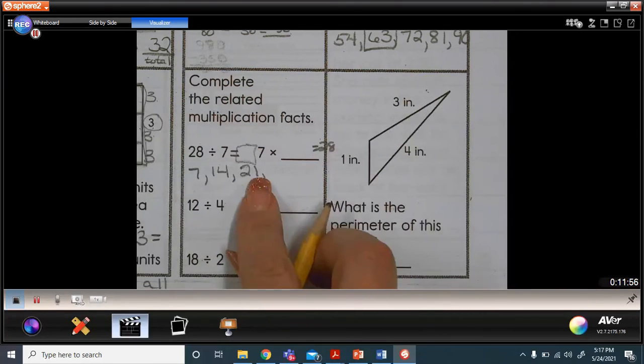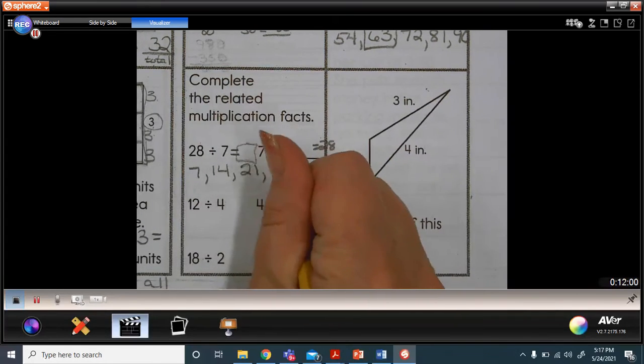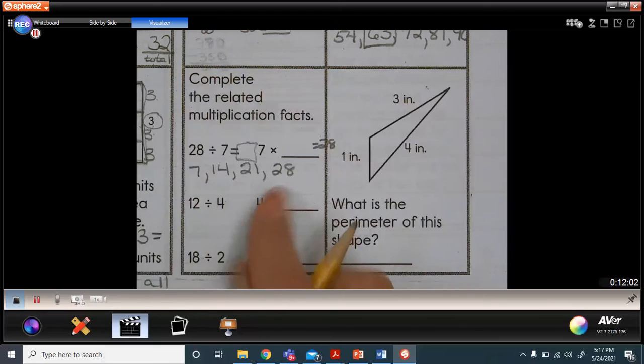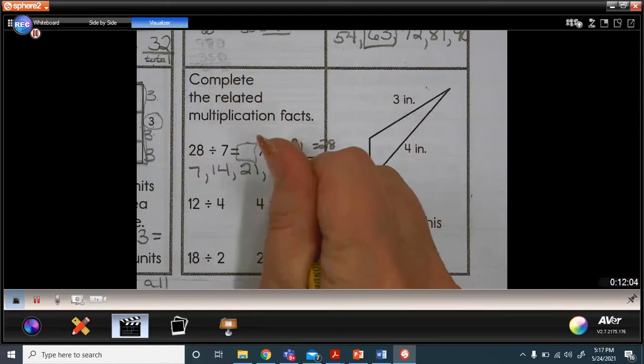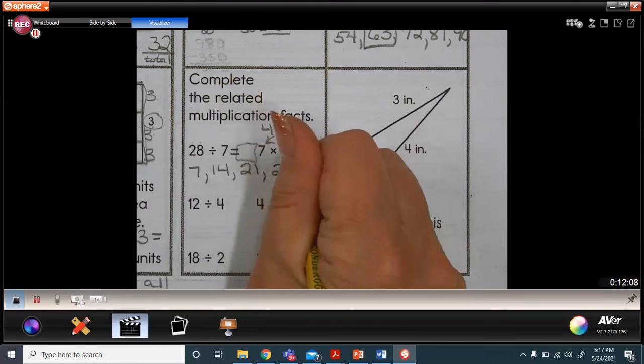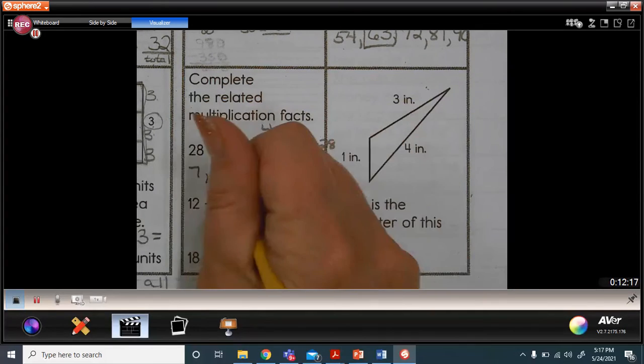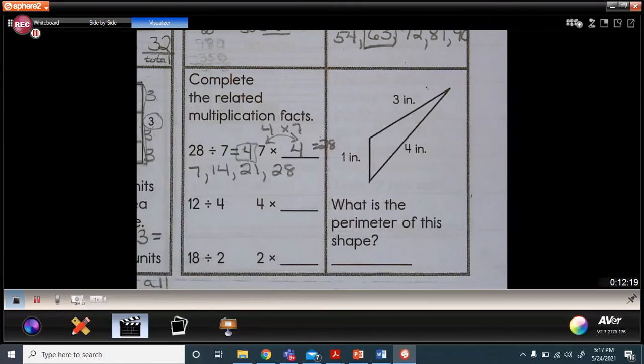And add 7 more to this 21, and I've reached 28. So now I can count the groups of 7, because remember, these can be switched. So 4 times 7 is the same as 7 times 4, and we know that we can switch the factors and the product will be the same. So my missing quotient here would be 4.